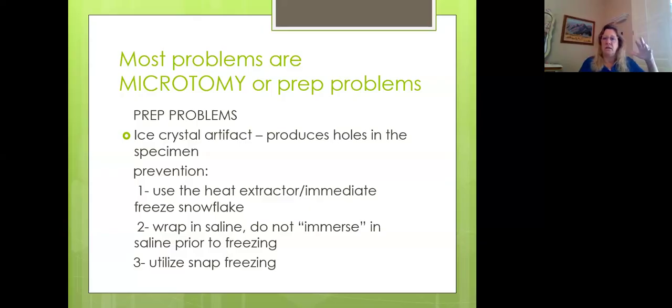And then on the left hand, no, it's up top. When you close that cryostat door while your specimen is freezing, there's a little blue snowflake up on the back of the cryostat.